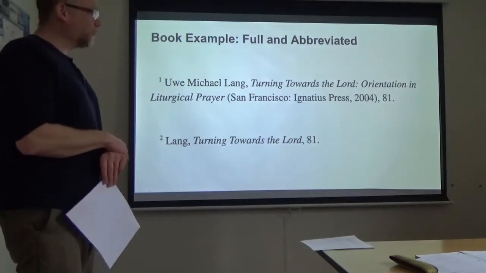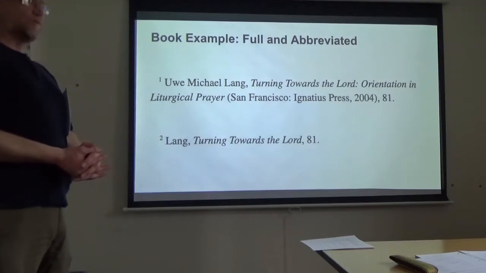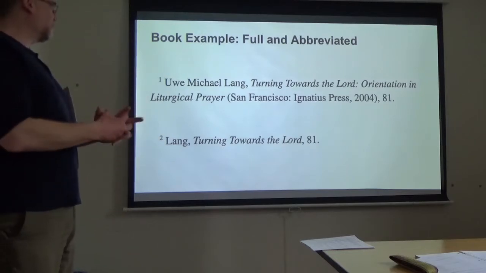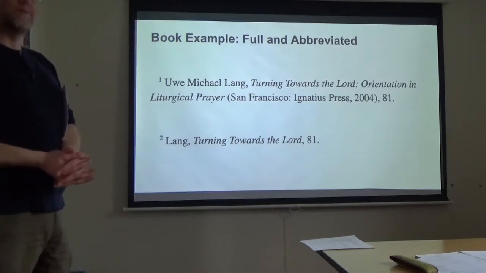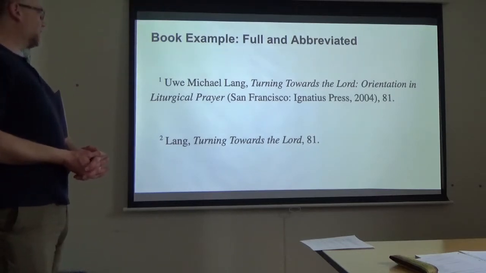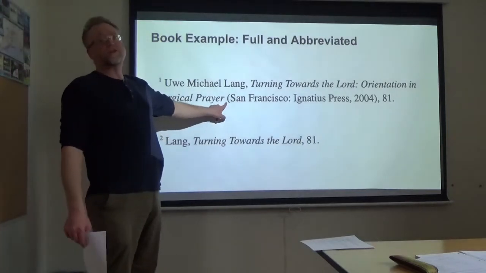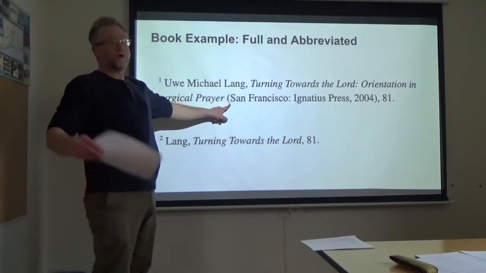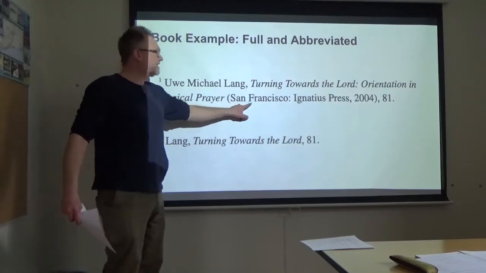Space. You're right. And what's after that? The subtitle. And then what do we have after the last word in the subtitle? There's a space there. Then what do we have? Open parentheses.